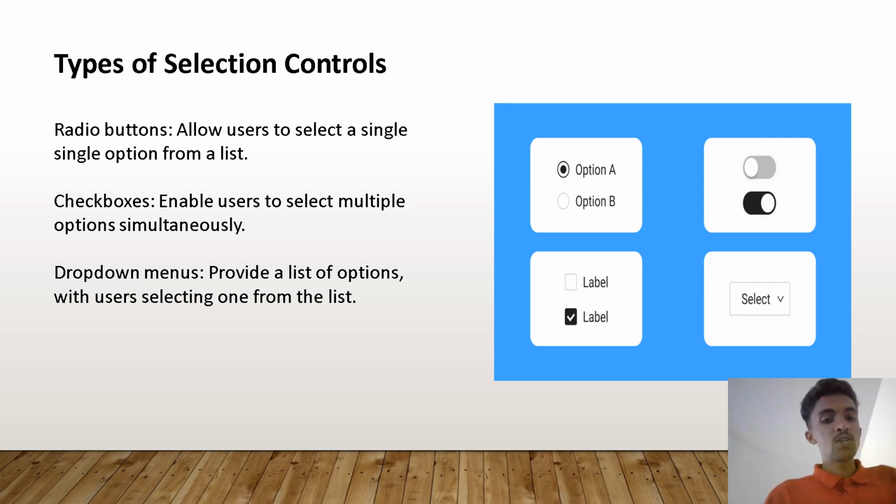Drop-down menus. This provides a list of options with users selecting one from the list. For example, we have given a Google form for students who are studying in an engineering college. In that Google form, at a particular place, we will ask, select your branch.